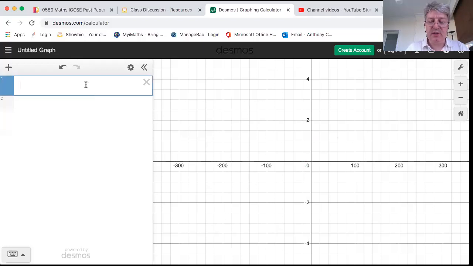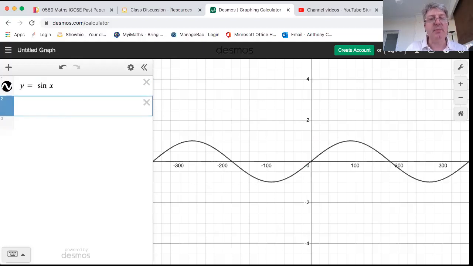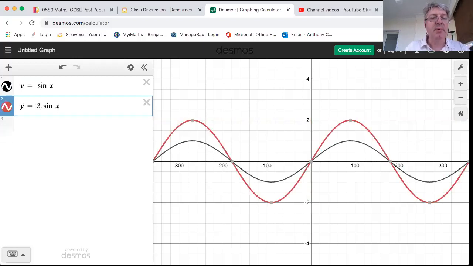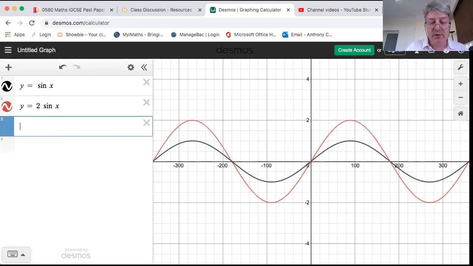And I just wanted to finish by building up a set of transformations that we've done before. So if you have a look at this, let's say we wanted to do a combination of things. So first of all, let's say we want to do a stretch by a scale factor of 2 in the y direction.